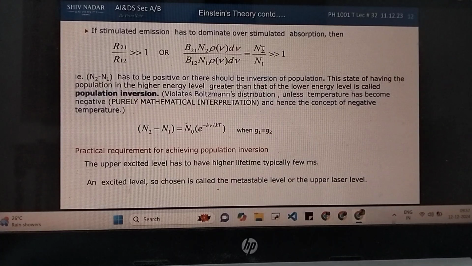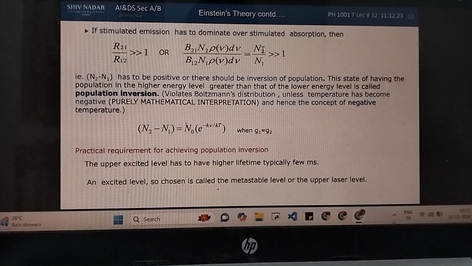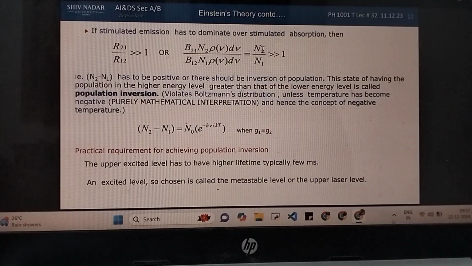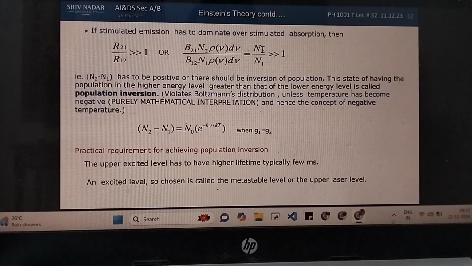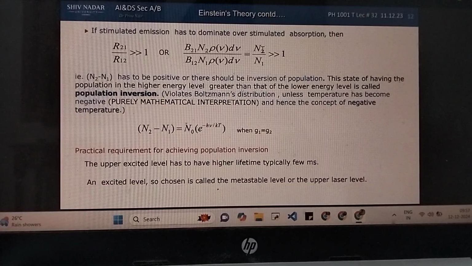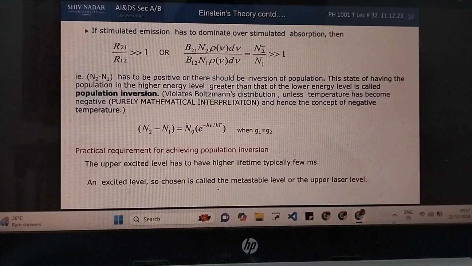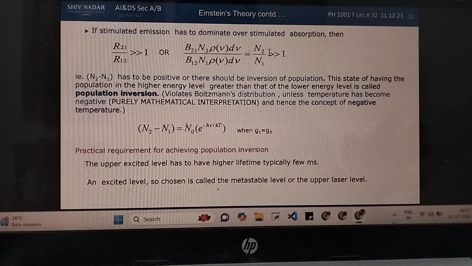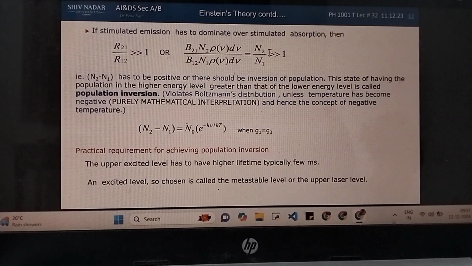So even when electrons get excited from the lower level and go to the higher level, only a few electrons are going to be excited, and they are also coming back because of emission and all that. So ideally, it is not possible for the higher level to have a greater population than the lower level, but that is the necessary condition for a laser. So how do we achieve that condition?